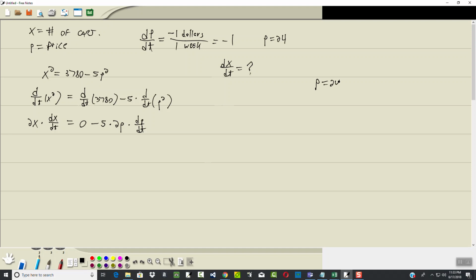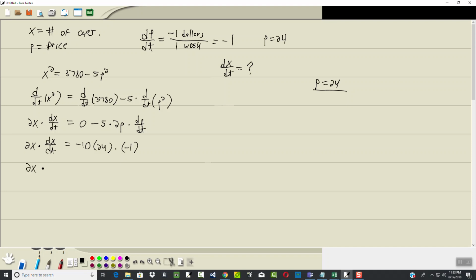I'll come back to that, that's a little bit tricky. I don't know what x is right now. This is what I'm trying to find. So we have 2x dx/dt equals -10, and they tell us p is 24, times the derivative of p with respect to t, which is -1.